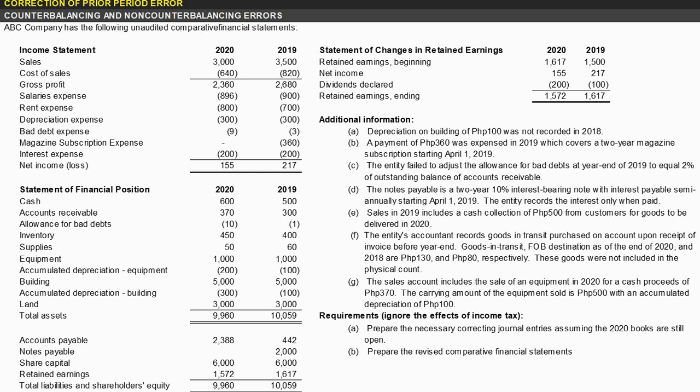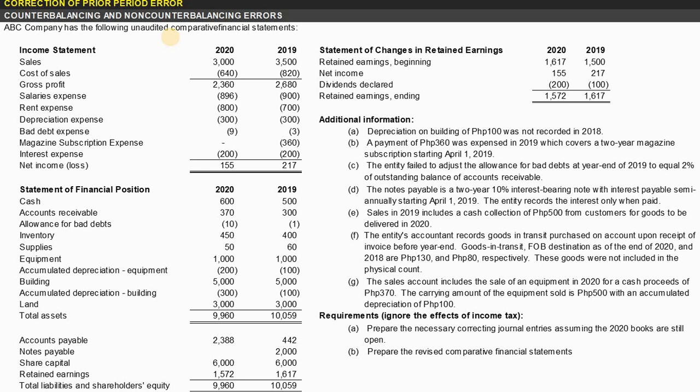And since these are still unaudited, it means that the books are not yet closed, because it is a common practice that the books shall only be closed if the accounts were all audited and adjusted accordingly. So it means that the books in 2020 are still open.